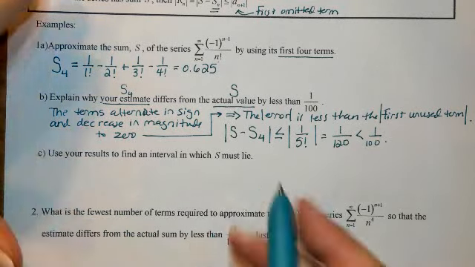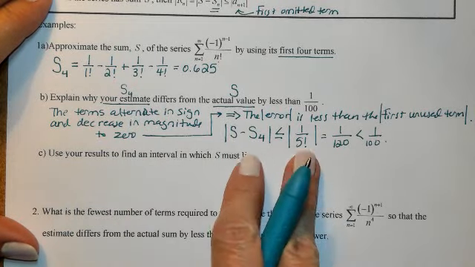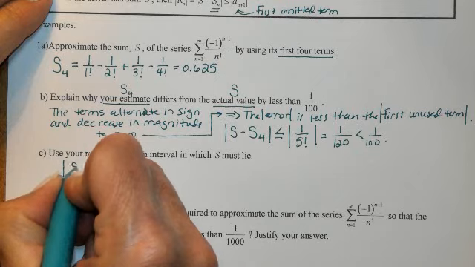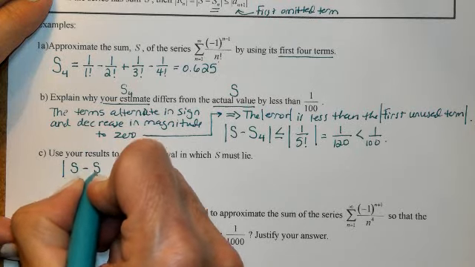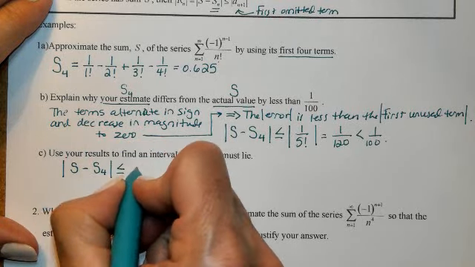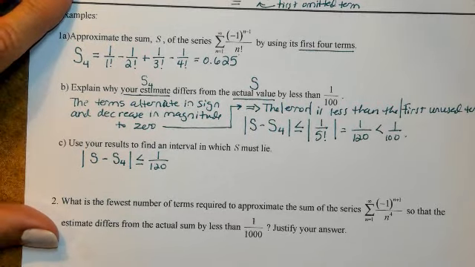Okay? So here I have what I showed here. I'm going to pull this out again. So I have the absolute value of S minus S sub 4 is less than or equal to 1 over 120. I know that that's true.